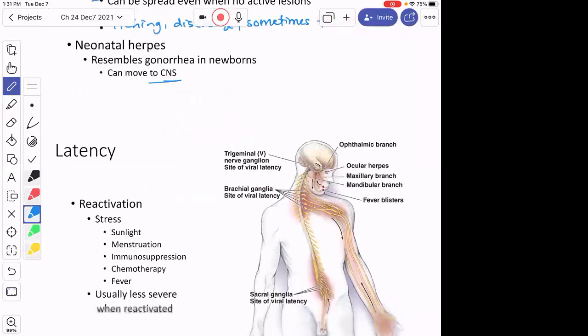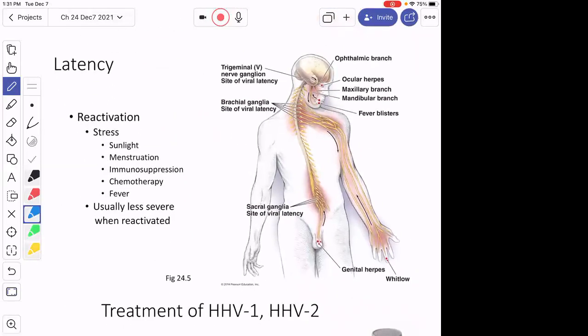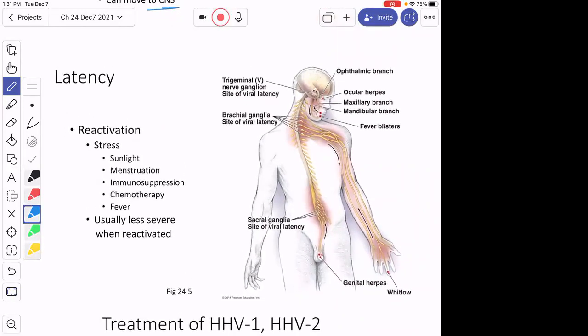So both HHV-1 and HHV-2 can be latent. What kind of cells are they latent in? They will retreat to nerve cells. HHV-1 fever blisters are usually going to follow either the mandibular, maxillary, or ophthalmic branch of the trigeminal nerve and be latent in that trigeminal nerve.